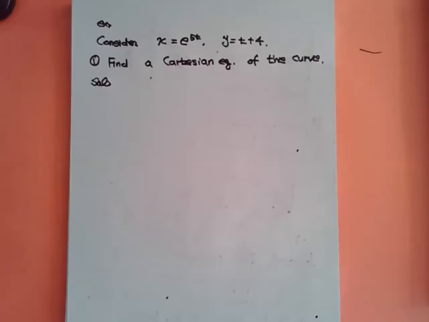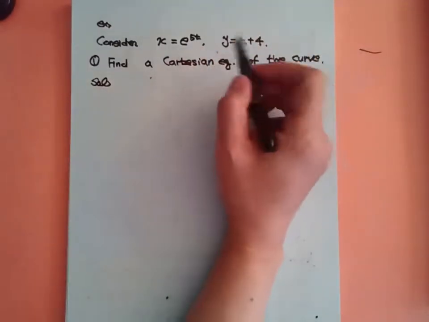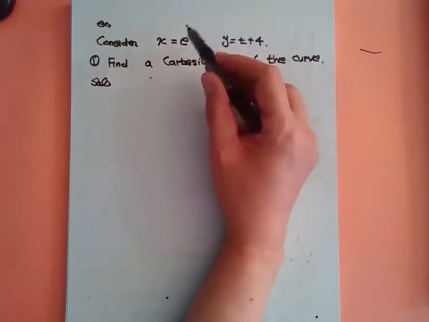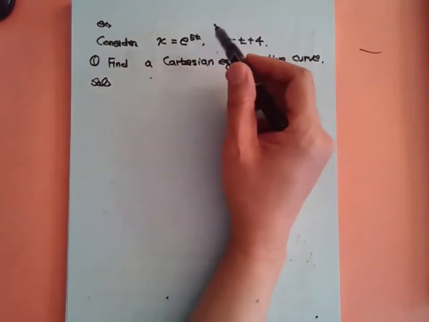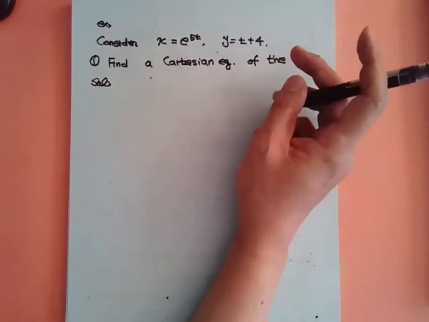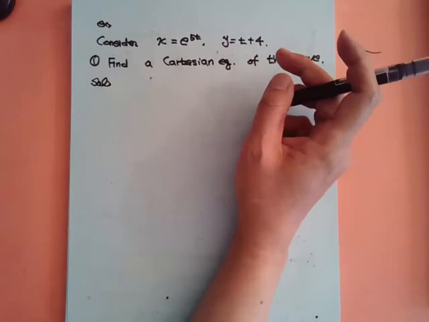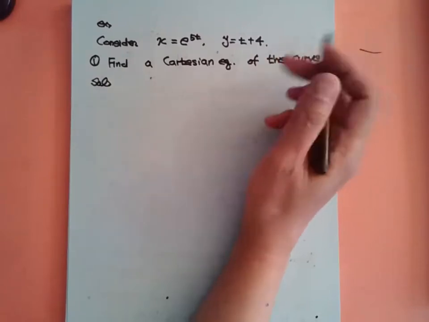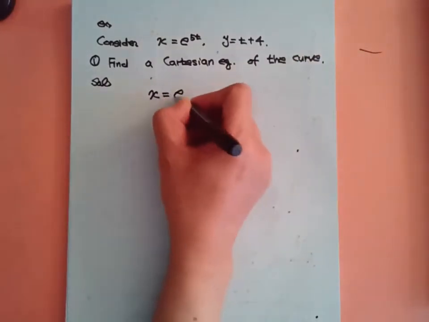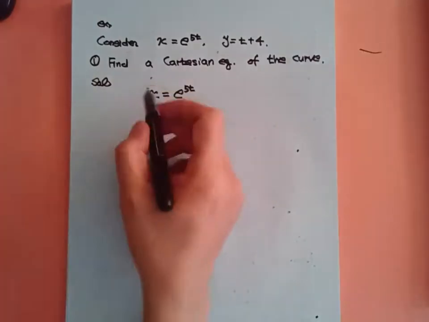If you want, then you can solve the equation by using y equals t plus 4 and then plug that into x. But usually we are more accustomed to the type of equation which starts with y equals. So what we want to do is start with x equals e to the 5t.